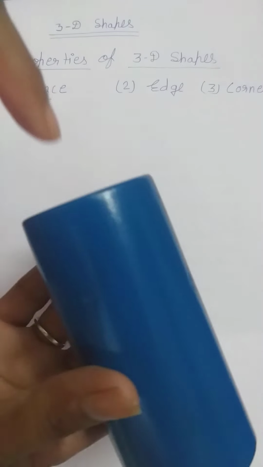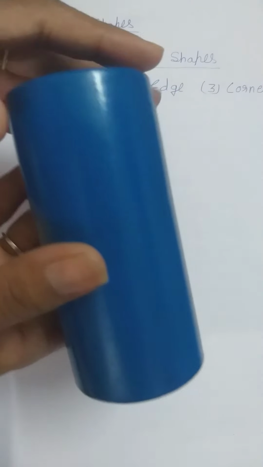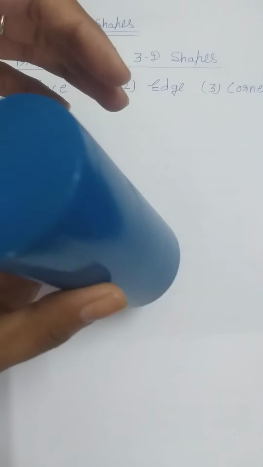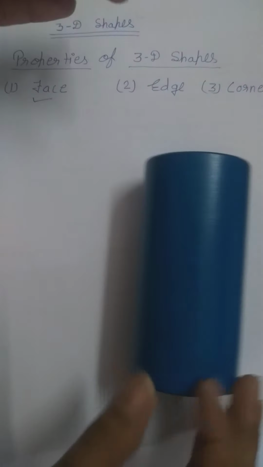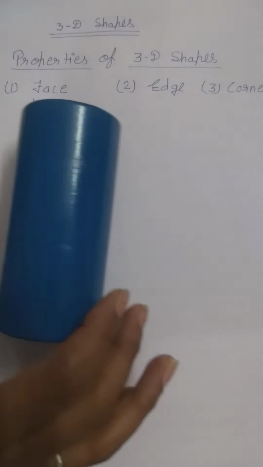In a cylinder we have 3 faces: 2 flat faces and 1 curved face because this one is rounding.